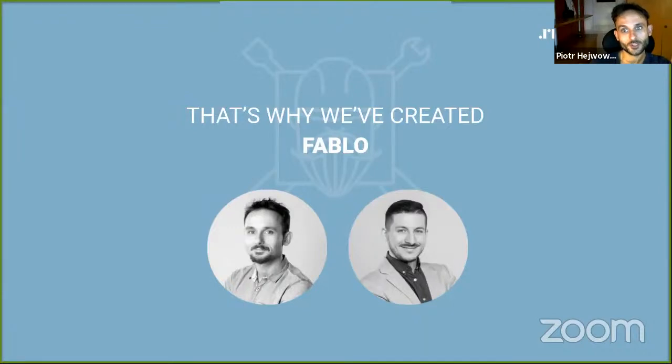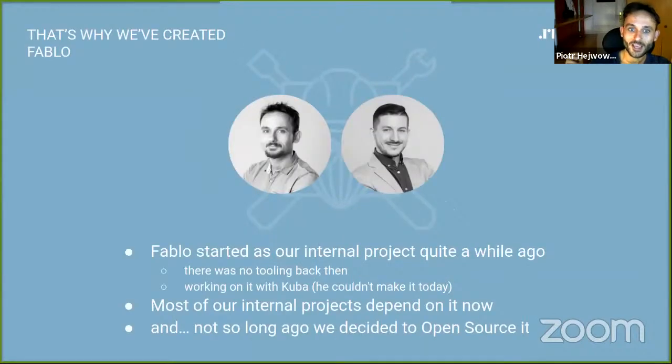That's why we've created Fablo. Fablo started as our internal project quite a while ago. There was no good Hyperledger network tooling back then. I'm working on this project with Kuba, or Jacob, if you prefer. He didn't make it today because he's a happy and busy father of two, but he's really working hard on Fablo also.